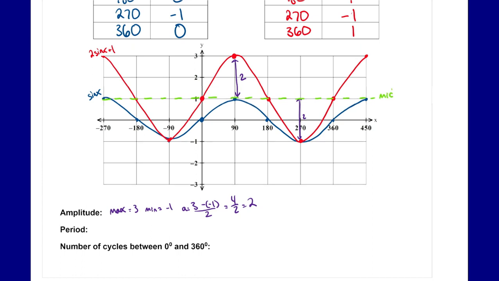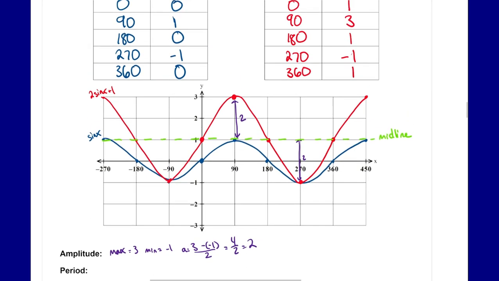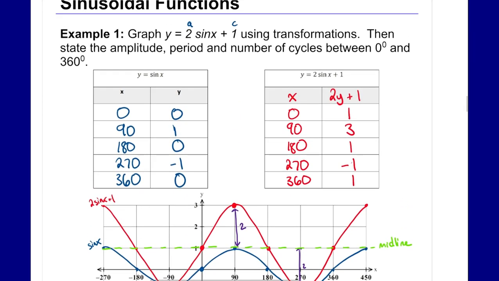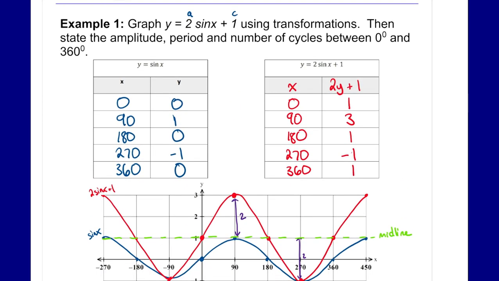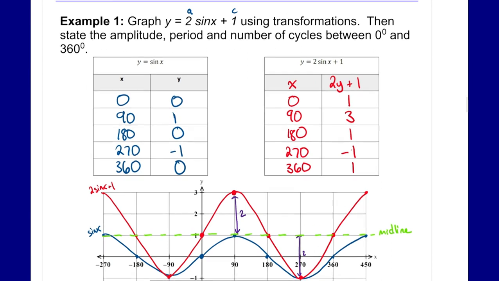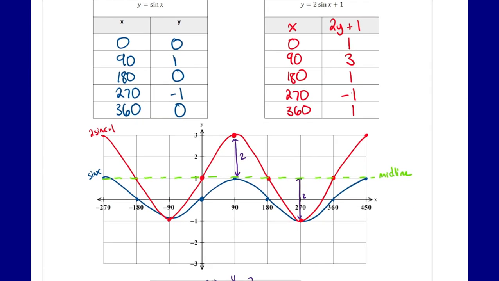So this is our midline. And what do we notice about that midline? Well, the midline is at 1. And where else do we see a 1 in our function? The 1 is our c value. So the midline is actually what our c value is. So from our function, we can get what our midline is.